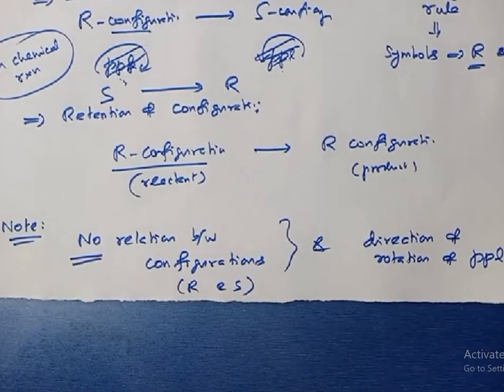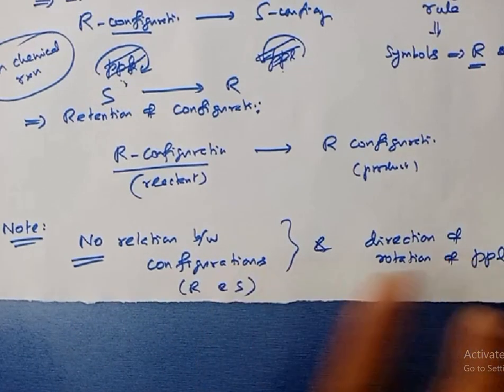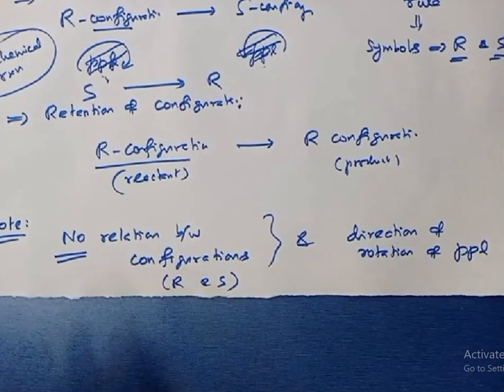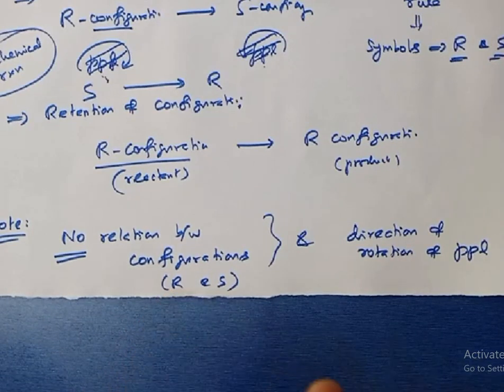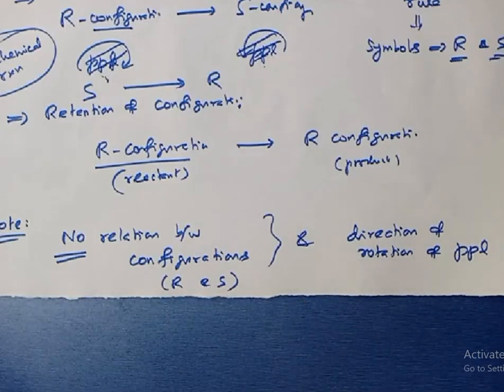Some people get confusion. They say that this molecule has R configuration, so it rotates plane polarized light clockwise. No, we cannot give any relation like that. We don't have one actually. You should not say that R configuration rotates the light clockwise. No, it's wrong. R can rotate the light clockwise or anti-clockwise. It depends upon the molecule. Is this clear, students? Any doubt?